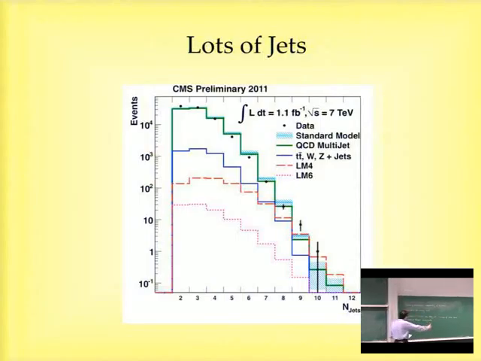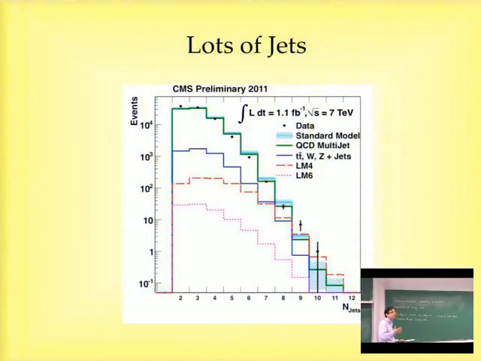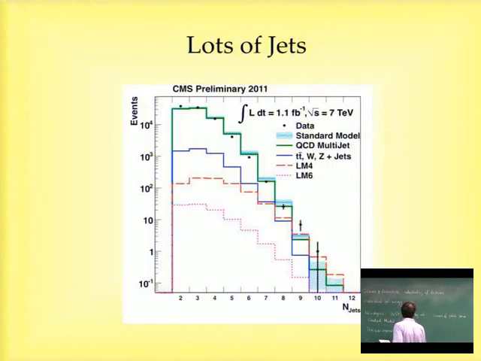Finally, something that I think will play an increasing role, and those of you who are about to embark upon a PhD, that's something maybe even to think about and to focus on, is the issue of doing precision measurements to look for deviations from the standard model.